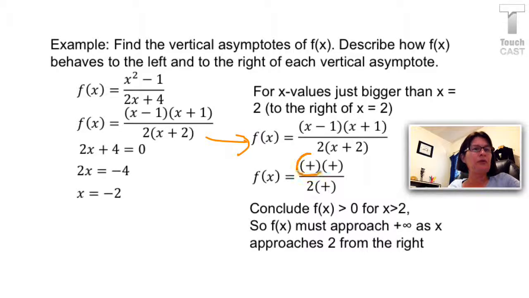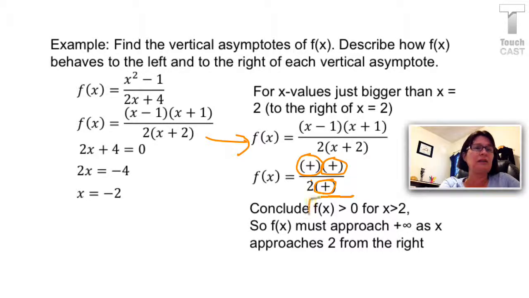Well, that would be a positive factor. If I plug in something a little bit bigger than 2 for x, this will also become a positive factor. And I'll have 2 times x is just a little bit bigger than 2, so bigger than 2 plus 2 will also be a positive factor. So I have a positive times a positive divided by 2 times a positive.